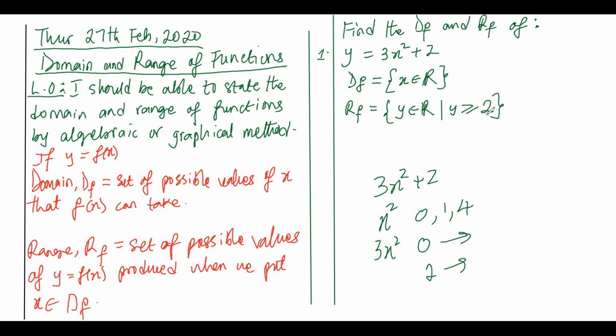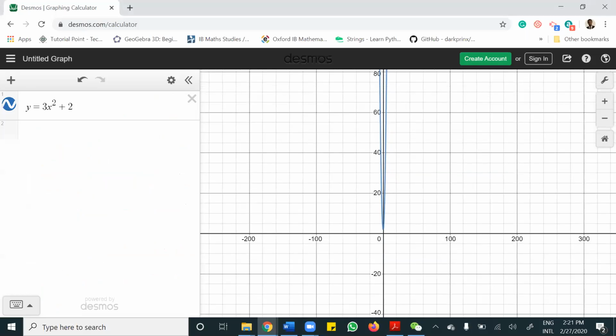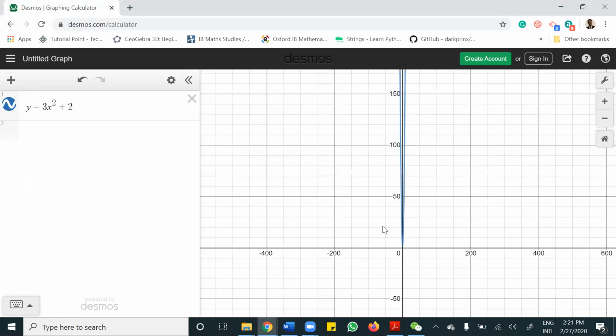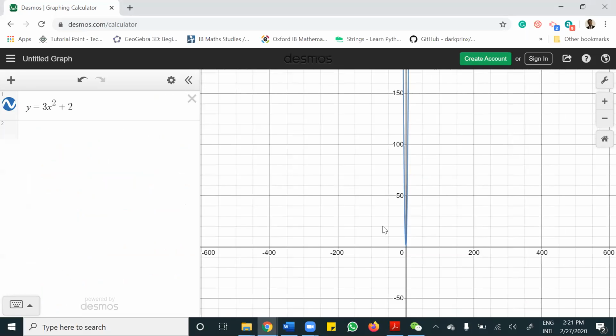Graphically, if you come to the graph, we can see this clearly. Look at the graph. The domain is all possible x. We've talked about that. The range is all possible y.